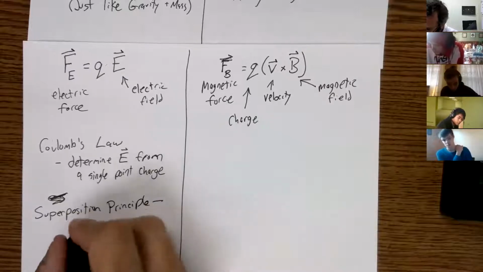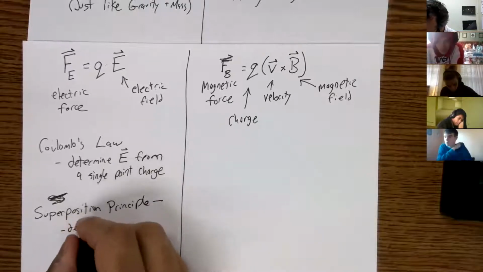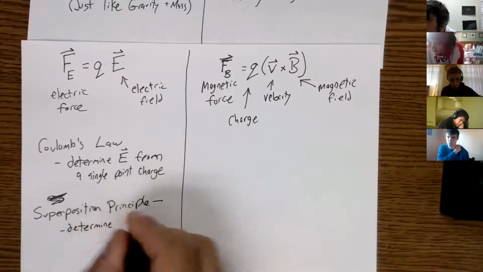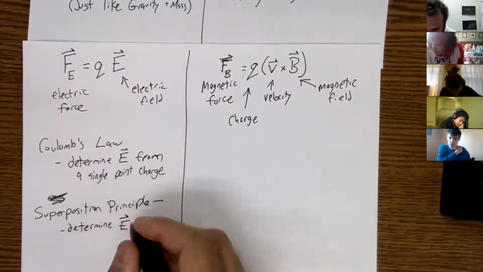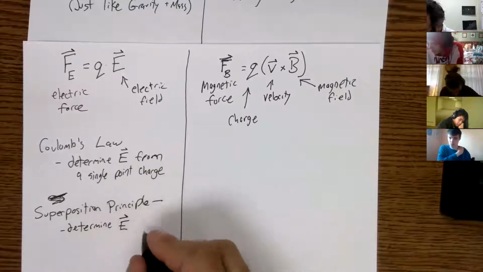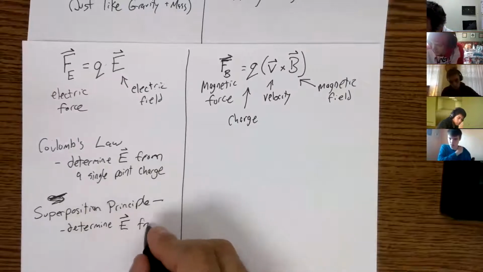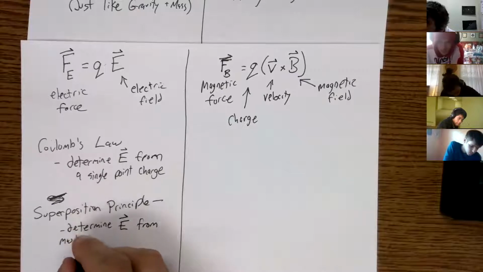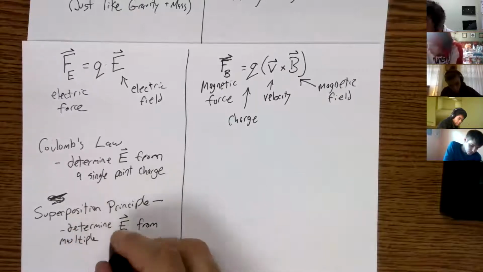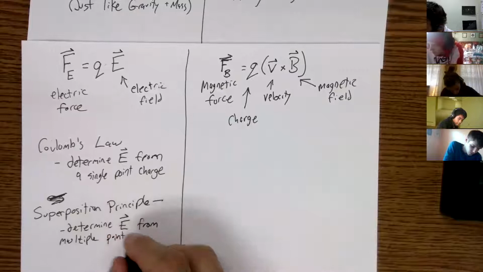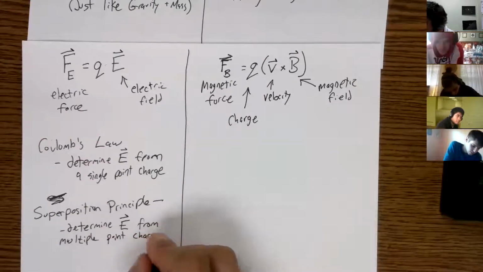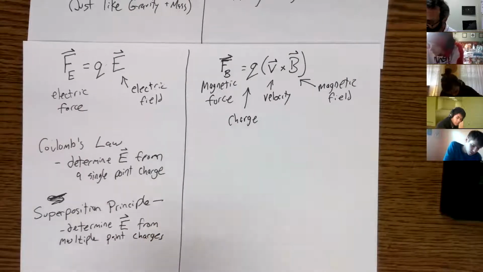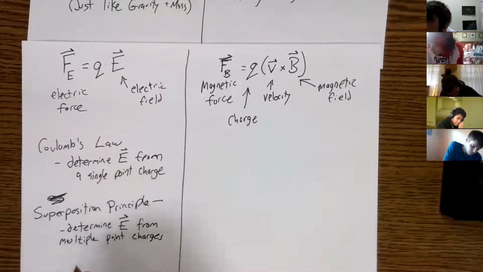And that's going to tell us how to determine E, or the electric field, from more than one point charge. Let's say multiple. From multiple point charges, or sometimes we call a bunch of charges a charge distribution.